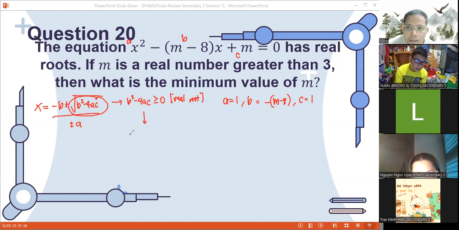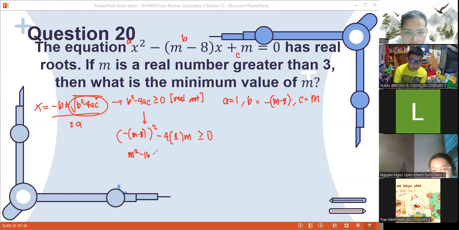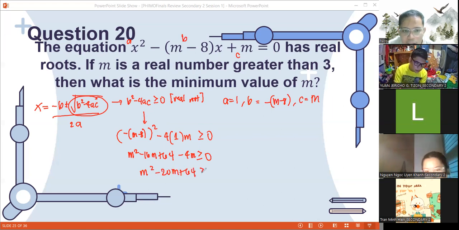So following B squared, it's just going to be the negative of M minus 8, squared, minus 4 times A, which is 1, times C, which is M. Simplifying, this is M squared minus 16M plus 64, and this is 4M. So simplifying further, this is M squared minus 20M plus 64 greater than or equal to 0, right?